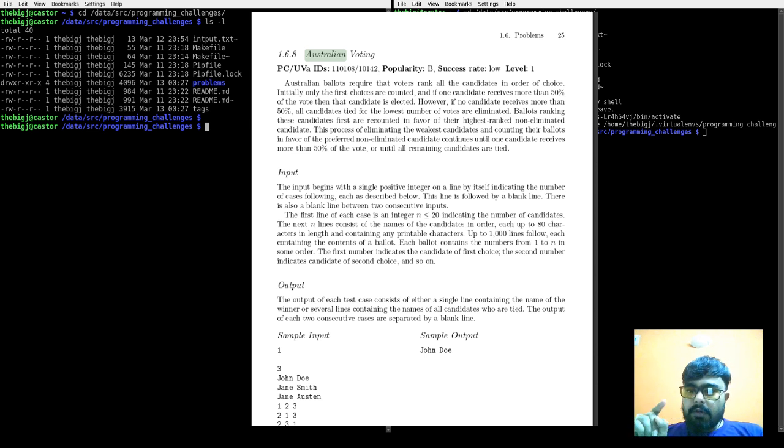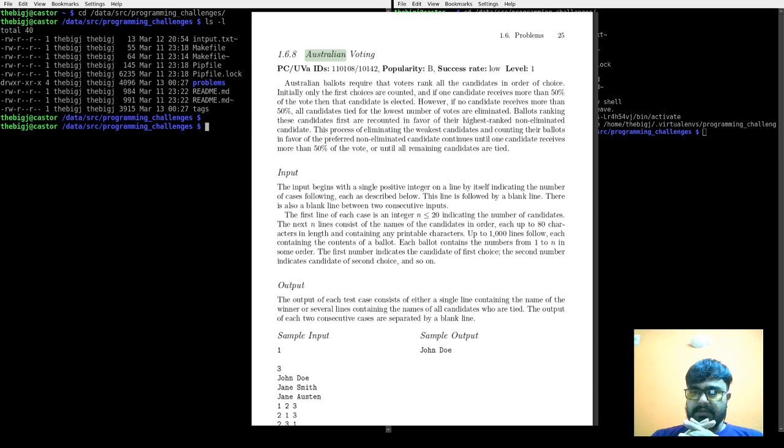The first line of each case is what I got to understand, and then it will accept one more integer, and that will be the number of candidates, right? Okay, the number of cases that will follow, so the first line is, for example, 1 case, 2 cases.